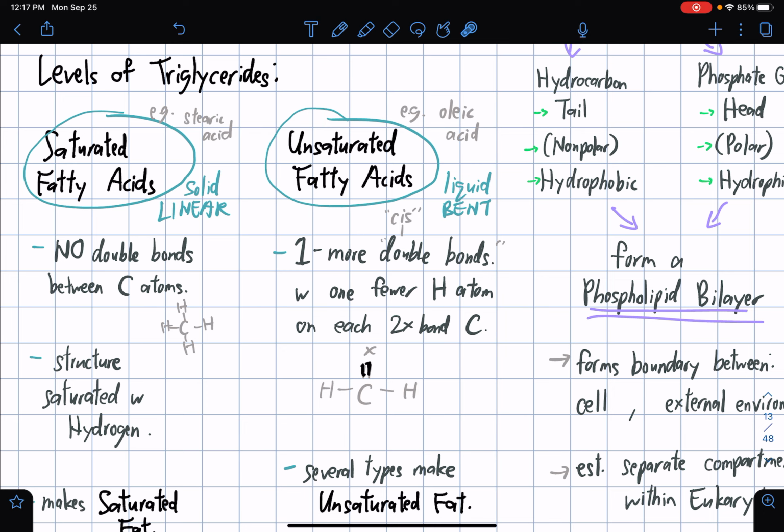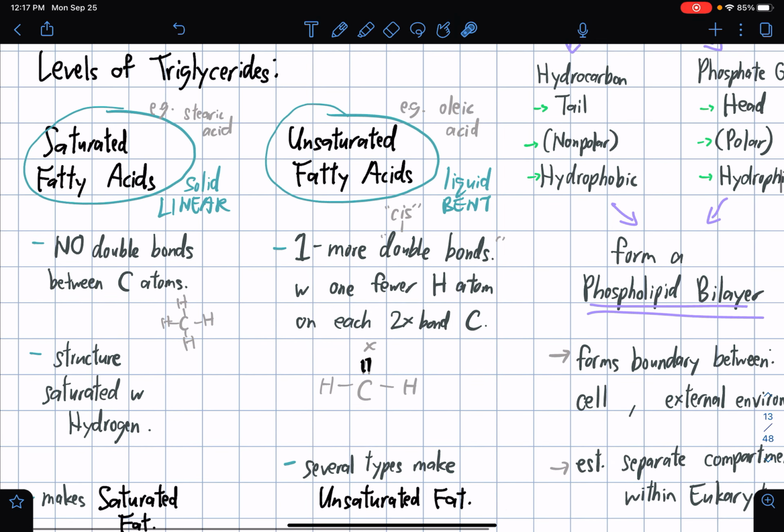Because there is no double bond at all, the structure is saturated with hydrogen. The physical phase of a saturated fatty acid at room temperature is solid.